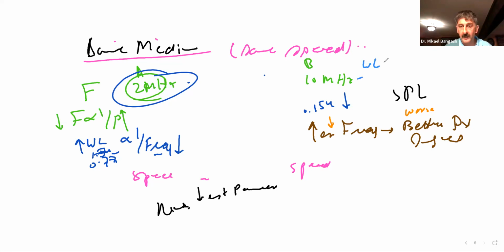What is going to be its wavelength if it is used to scan soft tissue, where we mean our standard 1.54? The wavelength is 1.54 divided by 10, which is 0.154, and the unit here is millimeters.